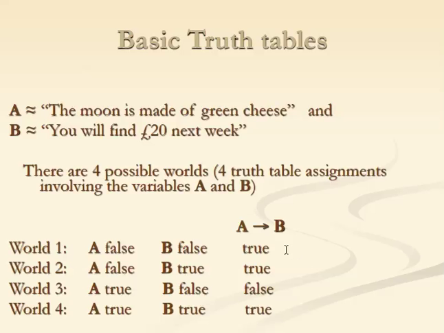There are 4 cases, and again if you think about it like a promise, then the only thing that can go wrong is that the moon happens to be made of green cheese, and the promise, namely that you find 20 pounds next week, is false. In all other cases the statement is true.